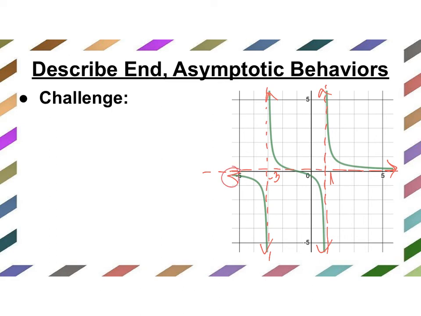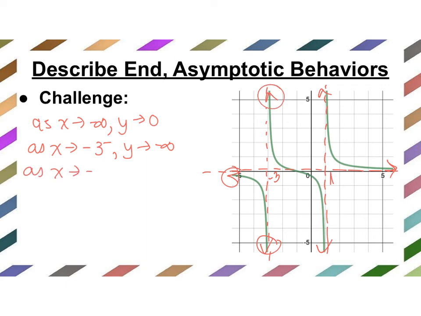So the first one, as x approaches negative infinity, y is approaching 0. My second one, as x approaches -3 from the left, that's going to take a little getting used to writing and seeing, y is approaching negative infinity. This top one, as x approaches -3 from the right, y approaches positive infinity.